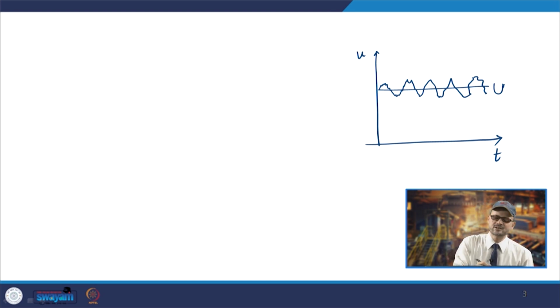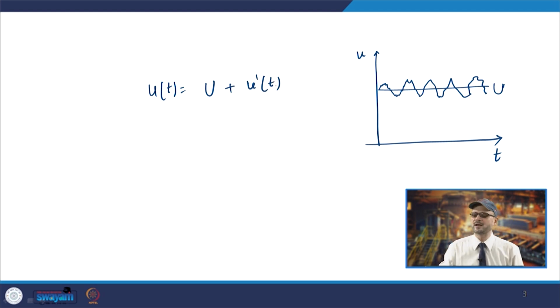At any time, u(t) will be the mean component, u bar, plus a fluctuating component, u prime(t). This is how turbulent flow is characterized, and you will have this for all the properties, be it u, v, w or p.